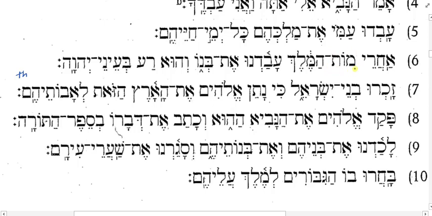What is the lexical form of mot? Yeah, it's mavet. What happened to my diphthong? It contracted because it's in the construct and it lost its stress. Okay, so mavet becomes mot in construct. So, after the death of the king, avadnu.